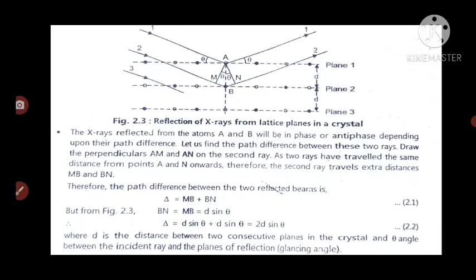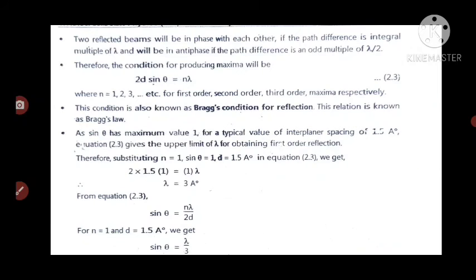So the condition: d is the distance between two consecutive planes, and theta is the angle between the incident ray and the reflecting planes, which is the glancing angle.